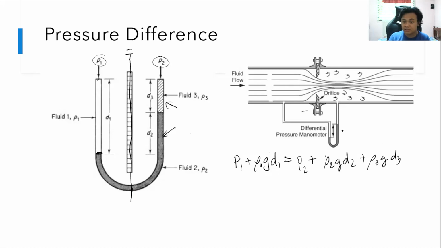So assuming that the liquid is the same, which is usually the case for many setups like here. For example, this is water. So the density of the liquid on the left side is equal to the density on the right side, meaning the fluid is incompressible.